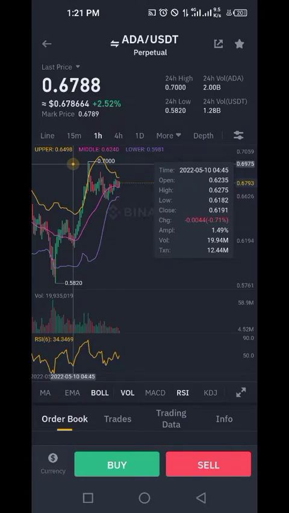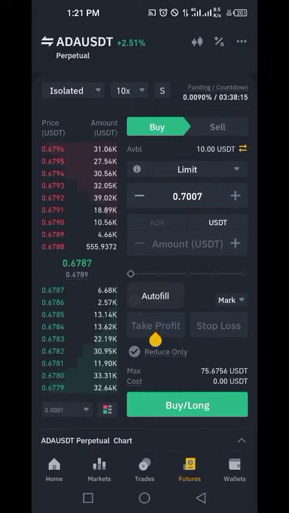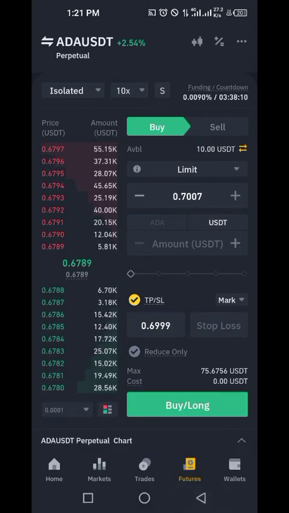So your take profit should be around that 0.70, or just make it 0.6999.